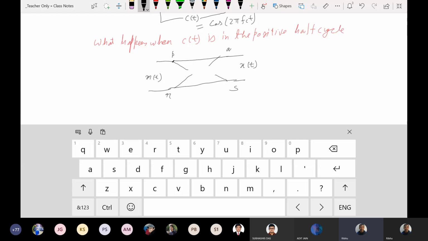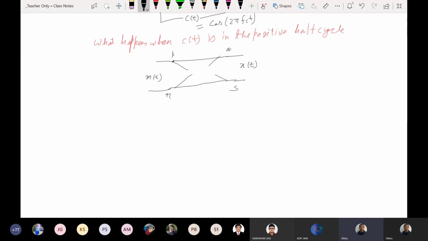So x(t) equals m(t) when c(t) is greater than 0. Fine. The presence of c(t) won't change x(t). It just comes out this way. It's just there to bias the diodes.